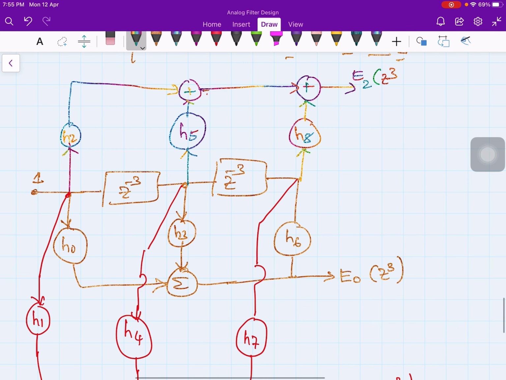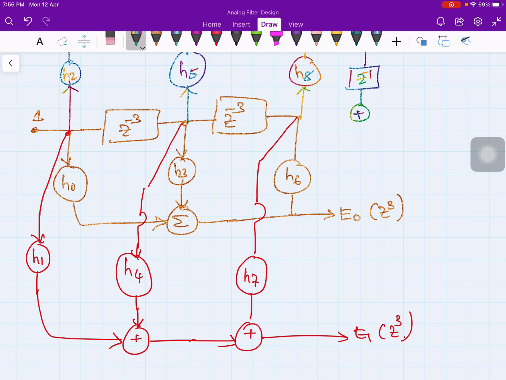Okay, and this E2(z^3) is multiplied by 2 delays. So you put one delay here and then put an adder.